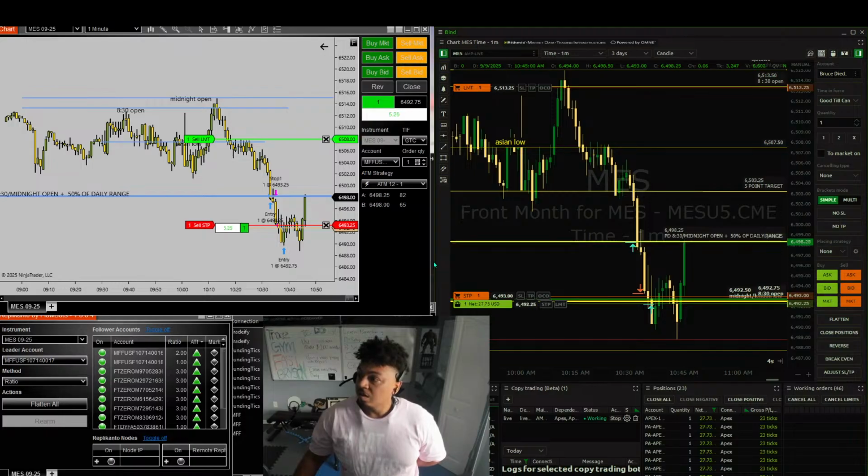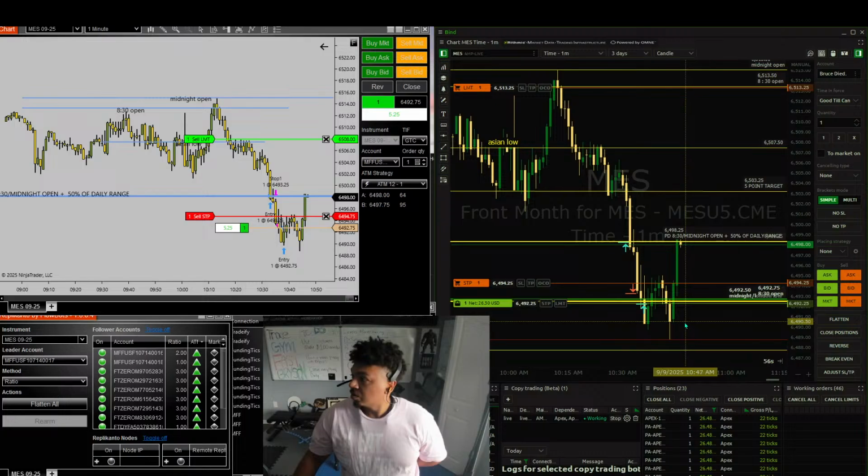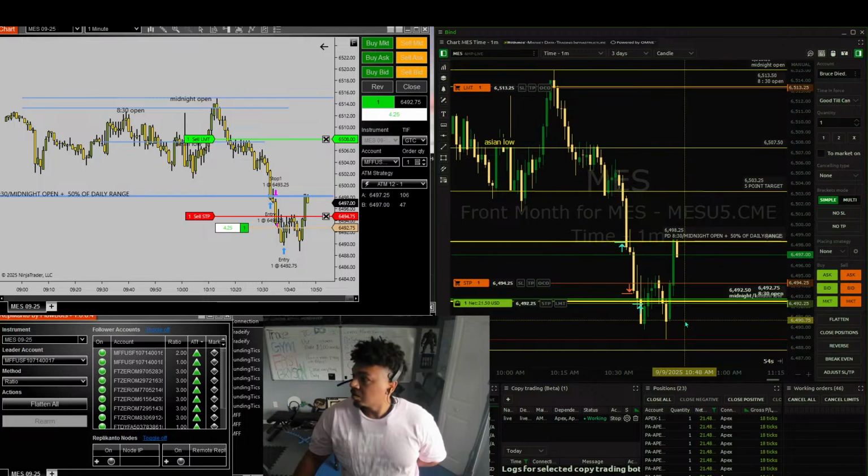Let's see it take this level convincingly. I'm gonna move the stop up just a bit, so that way if it retraces, more than just make a slight profit. We may have missed our opportunity to get out for 5, if this reverses heavily, but it is what it is.